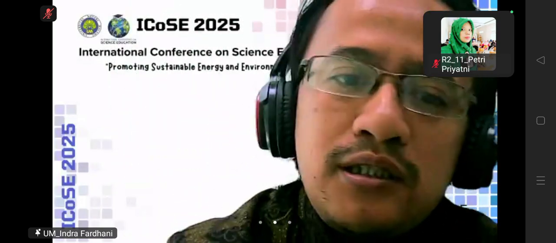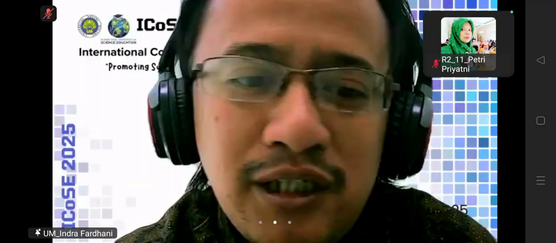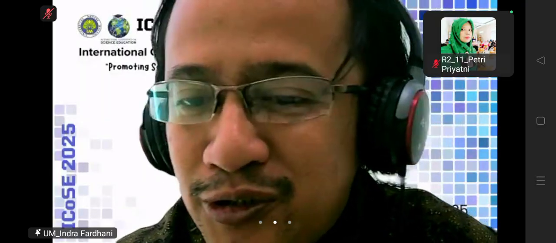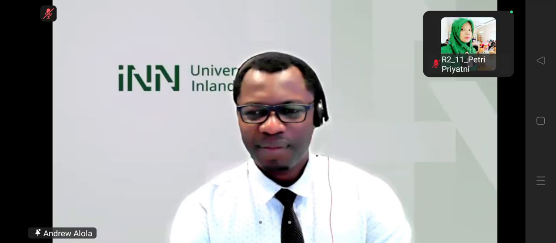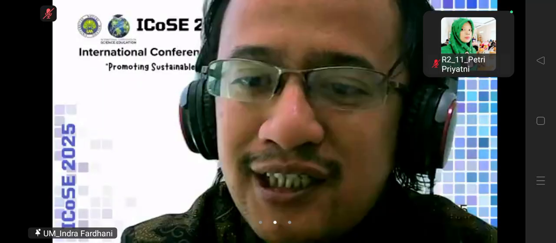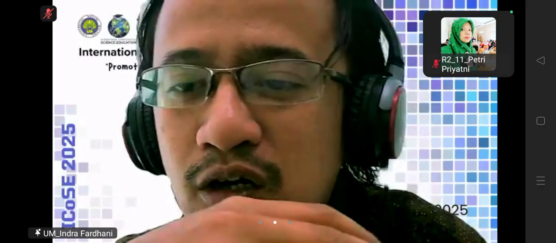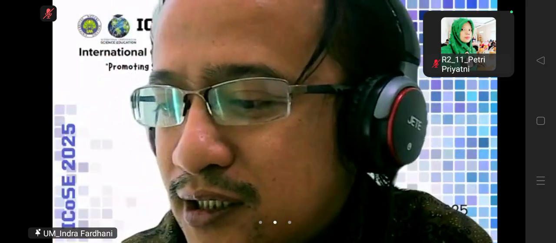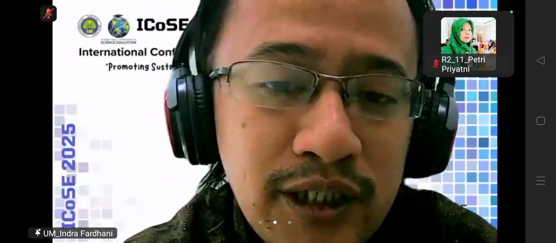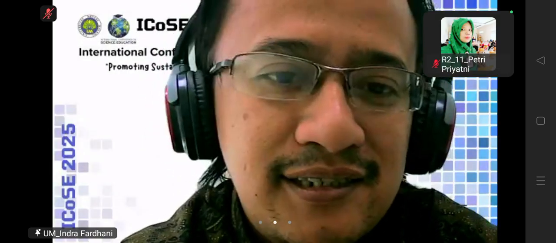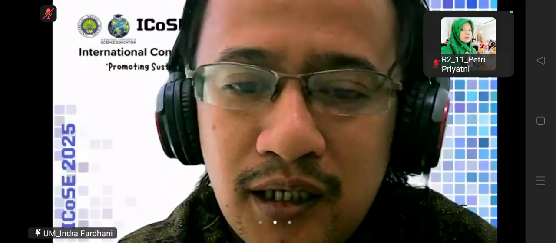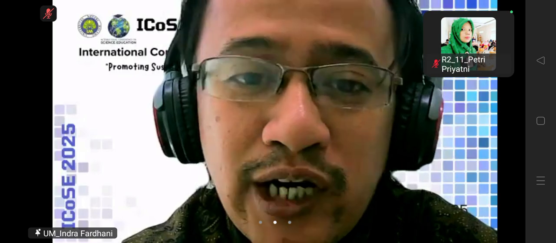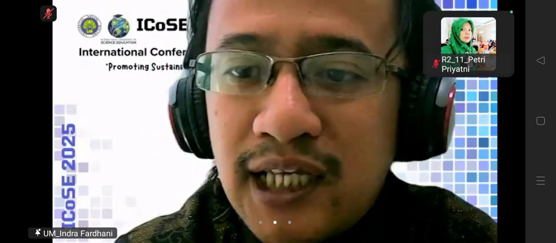I think there are similarities between Indonesia and maybe middle to lower income countries in the European Union. Car ownership is still similar to lower income countries in Europe. Here we also have some tax incentive factors. For example, if you buy a diesel or petrol car, the tax will be more expensive than if you buy an electric vehicle.